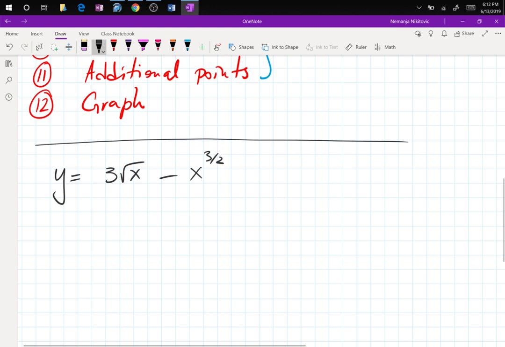So where do we begin? Domain. So if we look at the function, what is the domain of square root of x? Zero to infinity, great.